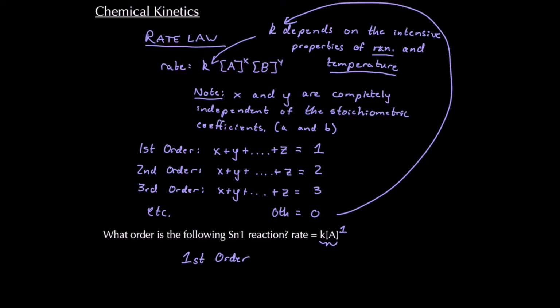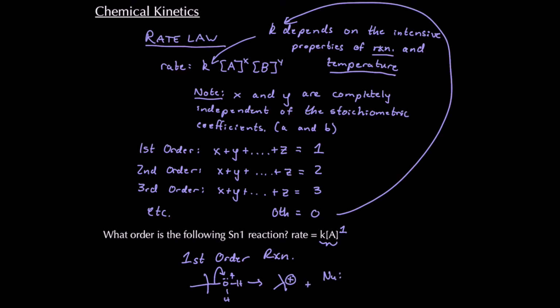And the reason for that is that in any SN1 reaction, our transition state is going to be created by the formation of a carbocation. So let's say we have this molecule here, and our rate limiting step is going to be this water coming off the molecule and this carbocation forming. And then our nucleophile is going to come in.